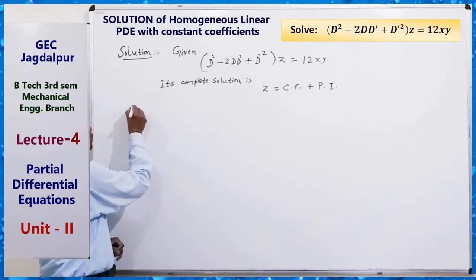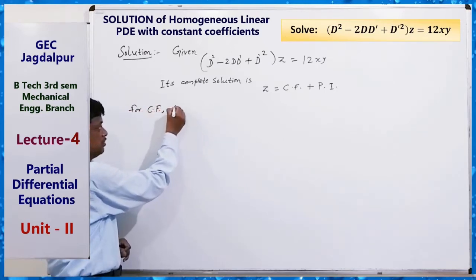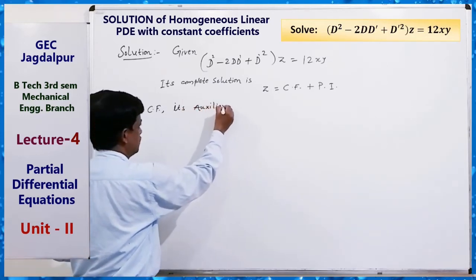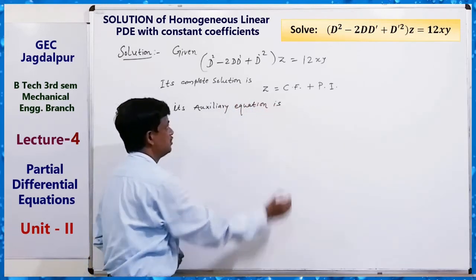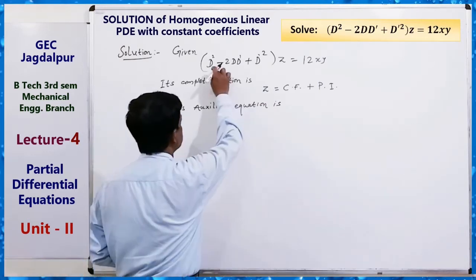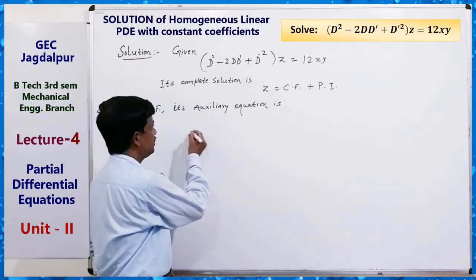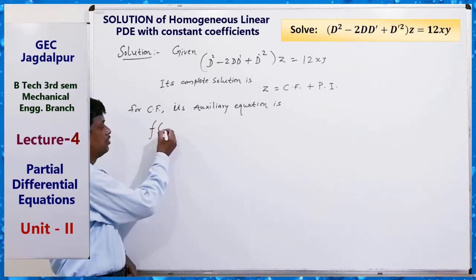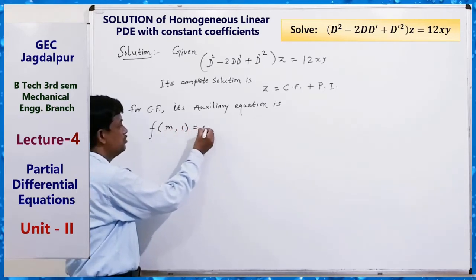For CF, the complementary function, its auxiliary equation is, we know, this is f(D, D'). So what? f(m, 1) equals 0.